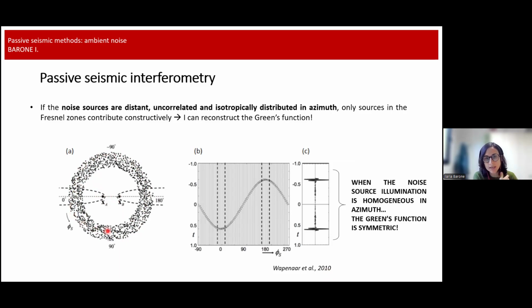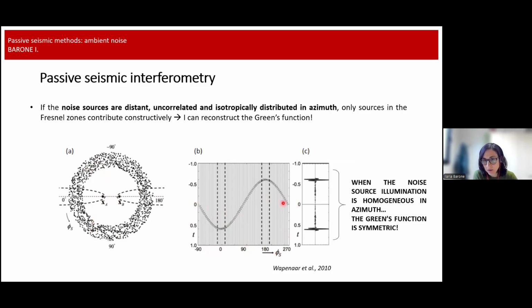Then they are uncorrelated, because each noise source has a different shape of the signal, and then they are isotropically distributed in azimuth. If we are in this condition, and if we cross-correlate the signal recorded in XA with the signal recorded in XB for each of these sources, and we plot them as a function of azimuth, this is what we obtain.